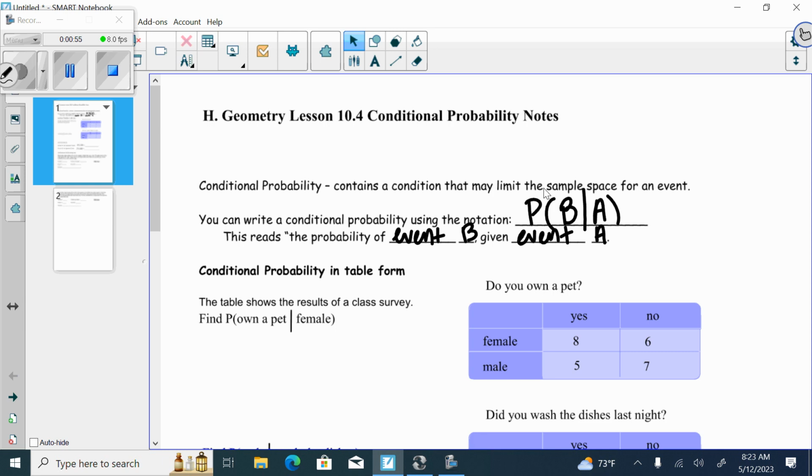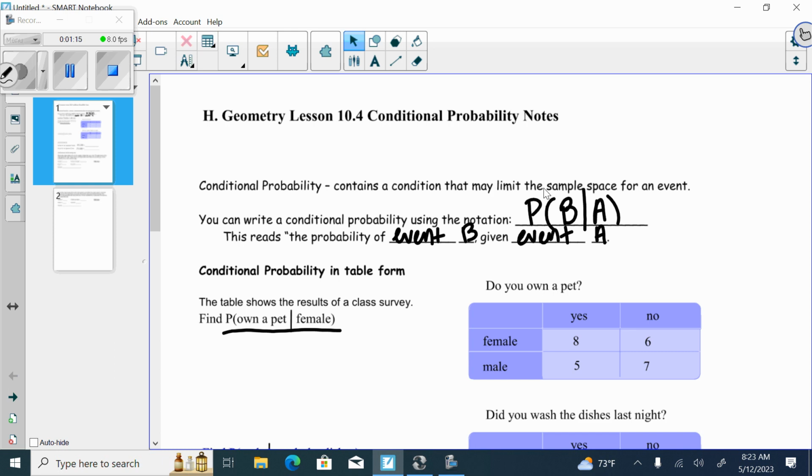So here below we've got some conditional probability written in a table form, and we are going to find the conditional probability for this piece that they're asking for. This time they ask, find the probability of someone owning a pet given that they are female.